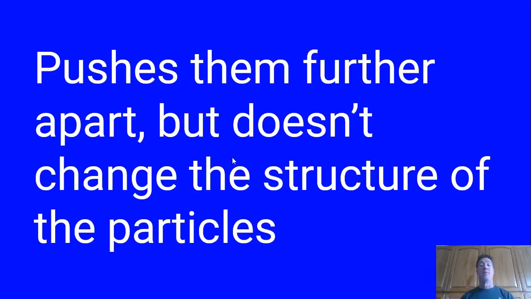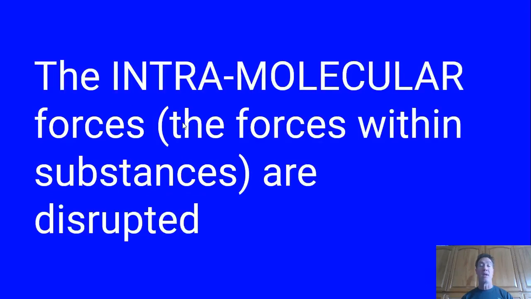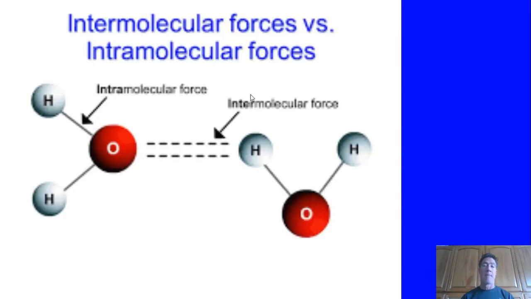So physical changes push the molecules further apart in the case of boiling, but don't change the structure of the particles. If we just chop this apple up, that would be a physical change. We're just separating the pieces of the apple. But in a chemical change, the intramolecular forces within the very substance are disrupted.